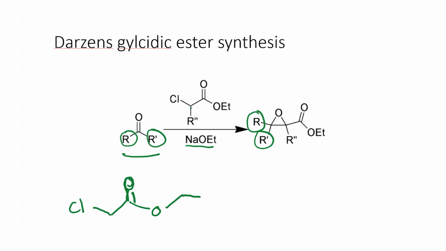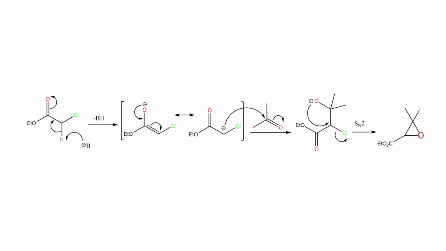So the mechanism that we can propose is that the alpha chloroester undergoes the enolate formation, and so you produce an enolate like this, and this enolate, because of the electron withdrawing nature of the chloro, might be preferred to be formed here. And then the enolate reacts with the ketone, and the ketone gives you a tetrahedral intermediate.